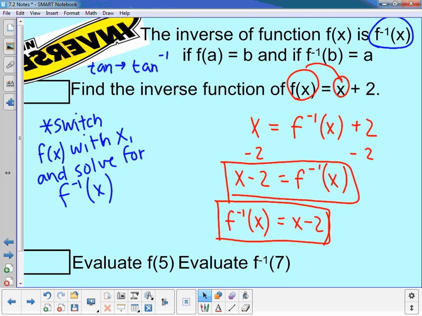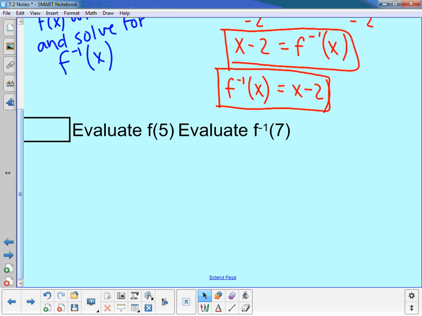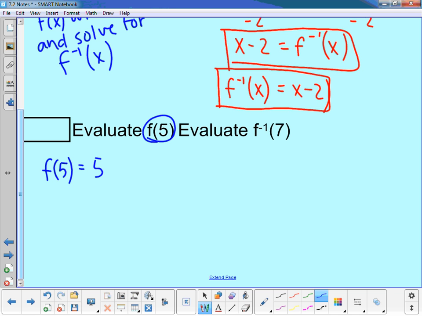So then if we take a look at some values and see what happens here, let's say I'm looking at the original function with the value of 5. The original function, f of 5, would be 5 plus 2, which gives me 7.